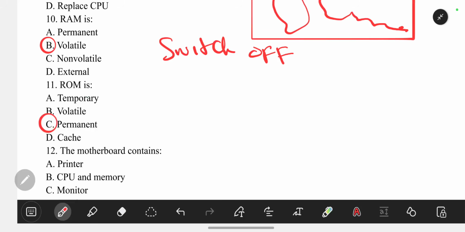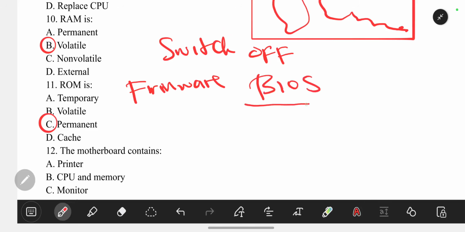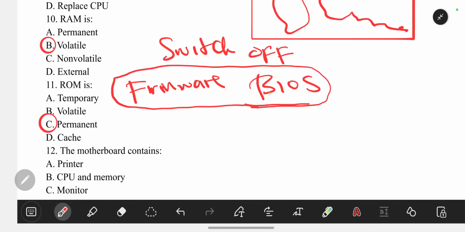ROM stores what we call firmware. Examples of firmware include the BIOS, the basic input-output system, which is permanently stored. It enables the computer, when you switch it off and switch it on, to know how to switch on.